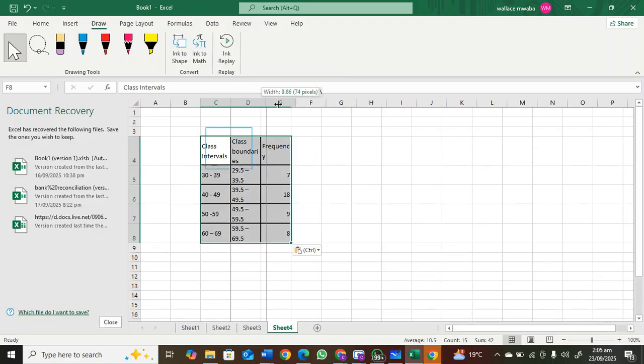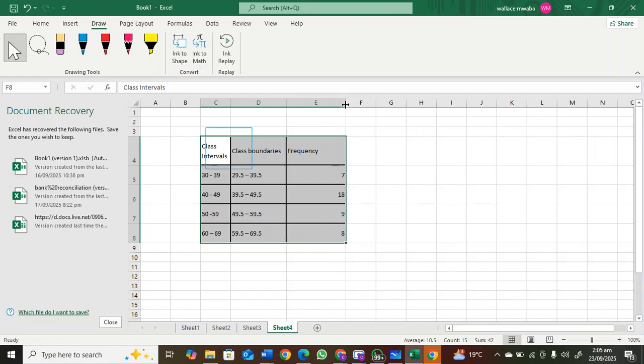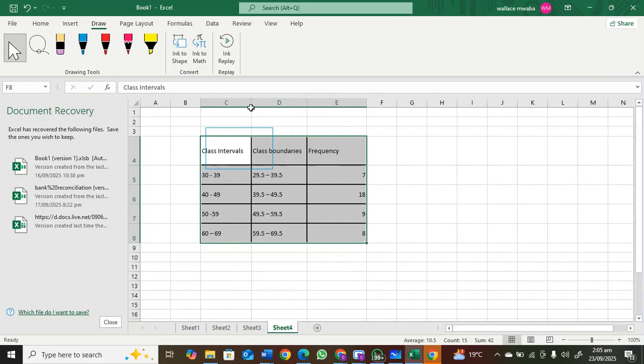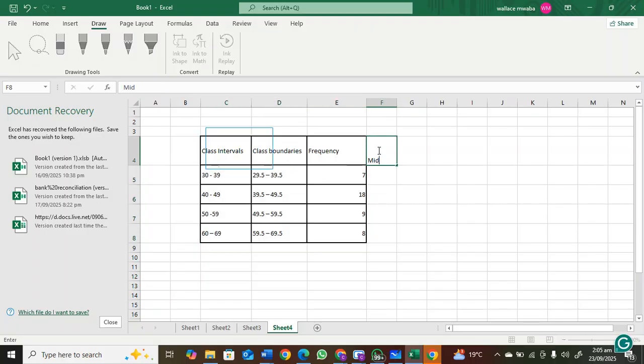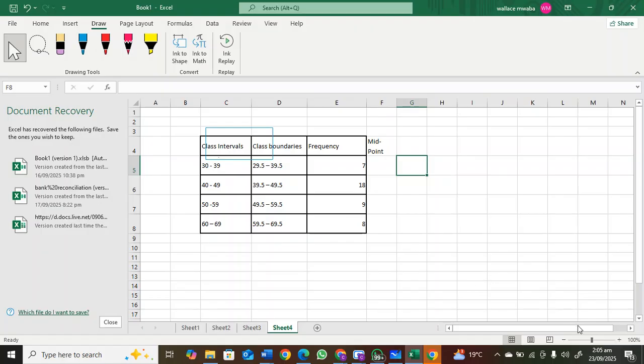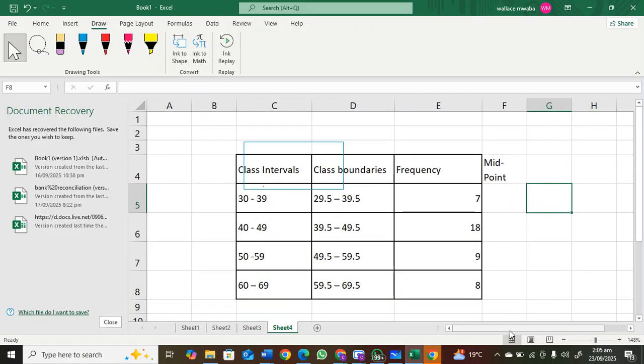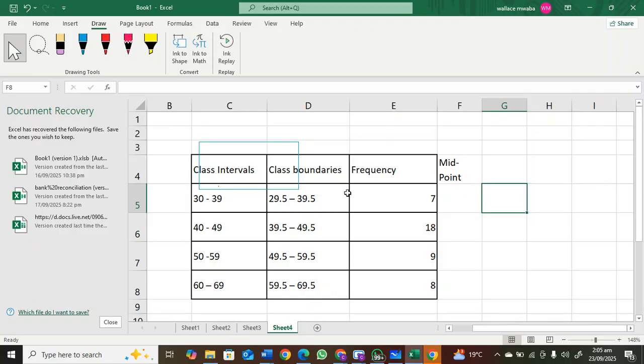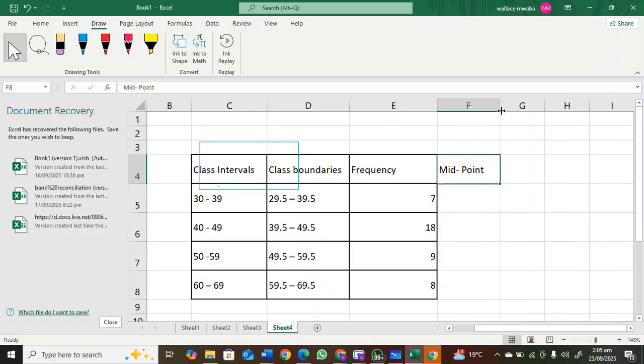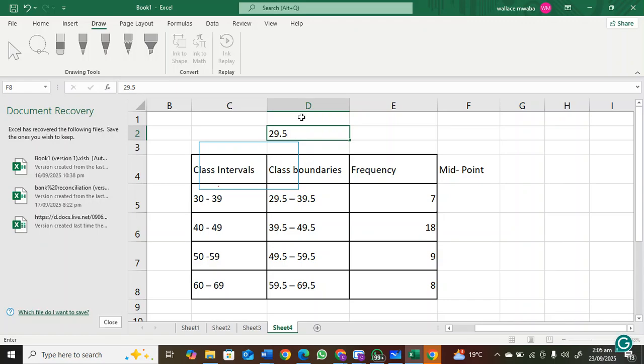Yes, we need to get our midpoints. So basically, we're trying to find the middle number in our class boundaries. We want to get the middle number. So we start with our first class, right? We have 29.5, lower class boundary, LCB.